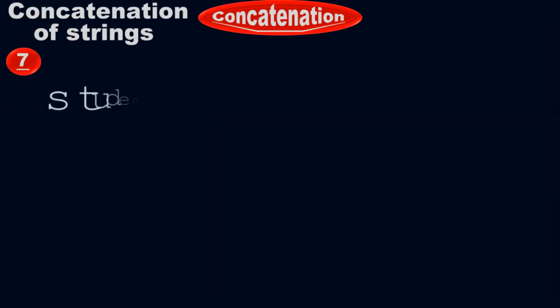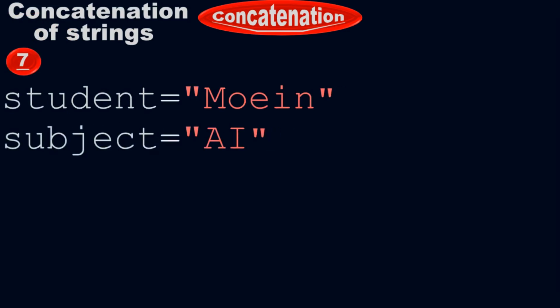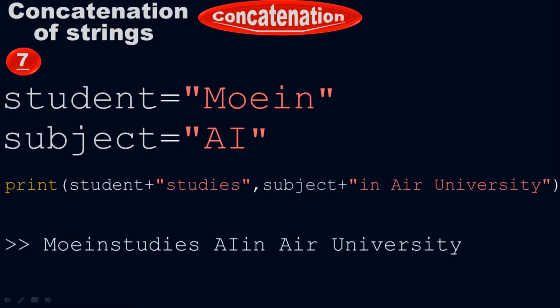Example number 7. Student equals to Moein, subject equals to AI, and print of student plus studies inside the quotes, comma subject plus in AI University inside the quotes. In output I will get Moein studies AI in AI University. Again it is a concatenation process. This time I got two variables.